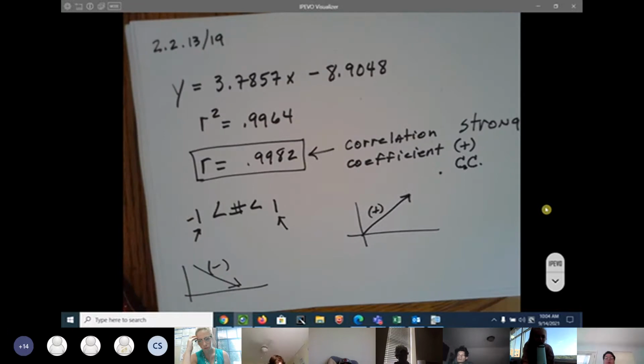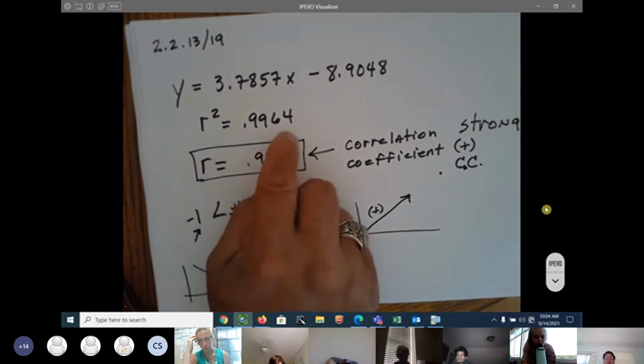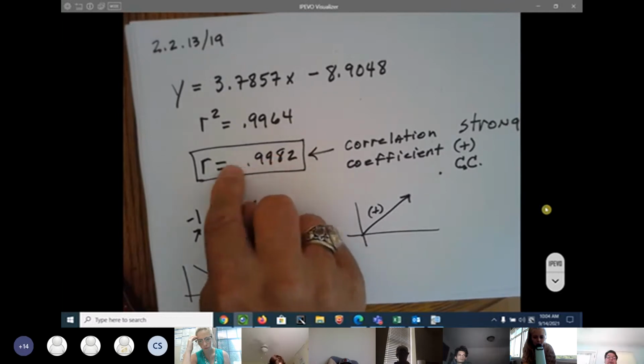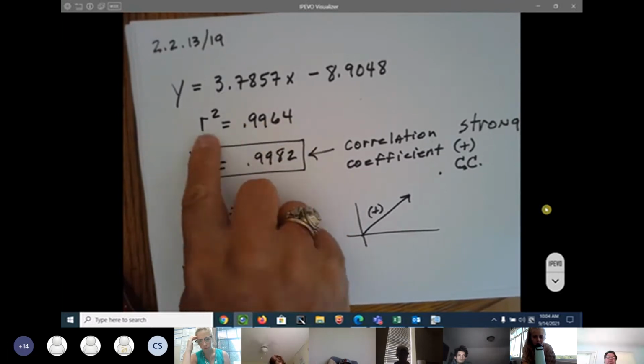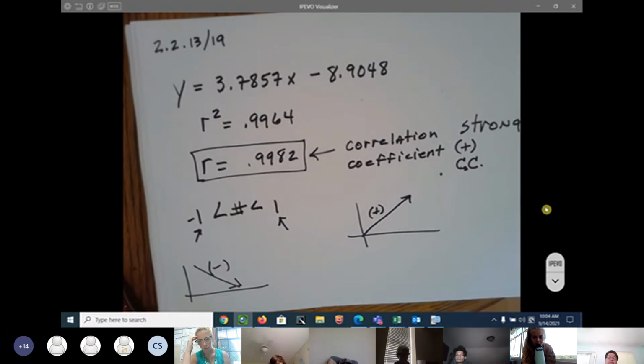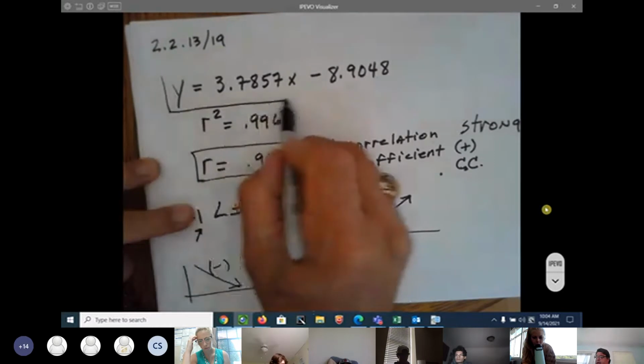Very strong correlation coefficient. So you're not going to be tested on this, but you may see this on a standardized test. You take the square root of r squared, and it gives you the correlation coefficient. This is what the book wants as far as an answer.